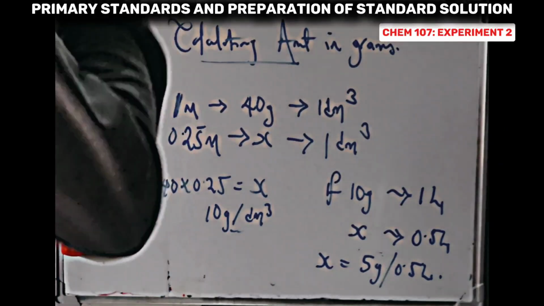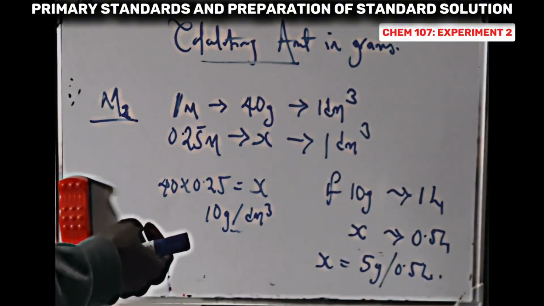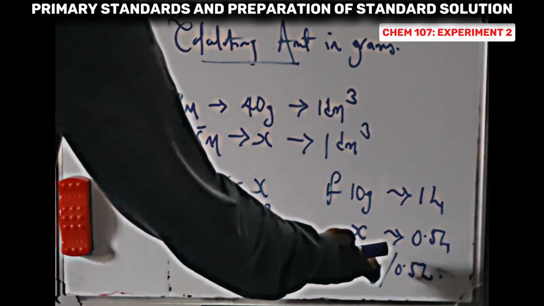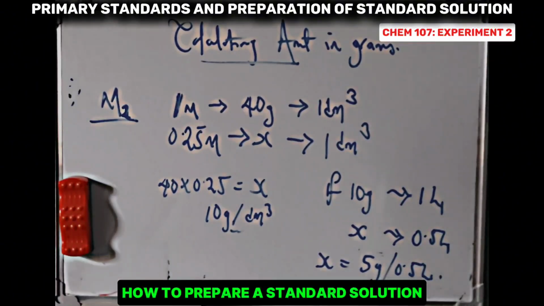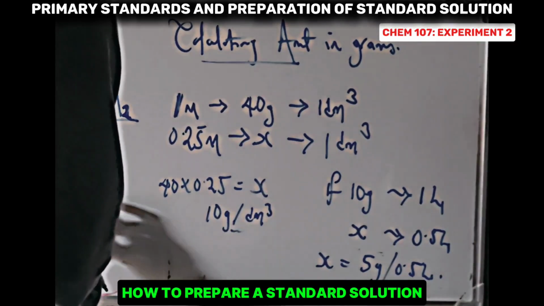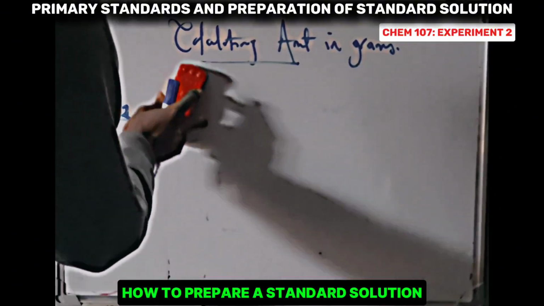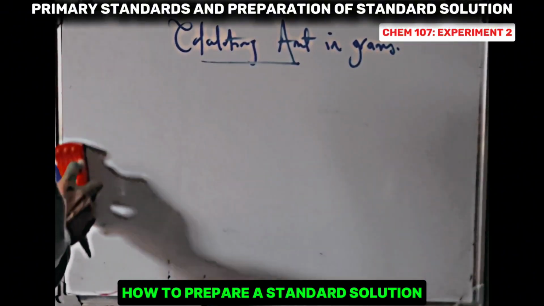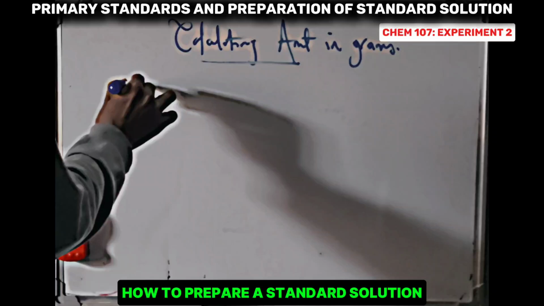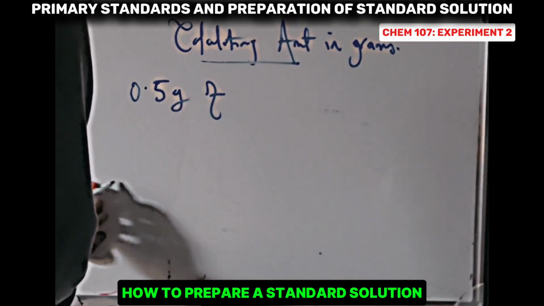So it's quite clear. And then, how would you prepare such a concentration? How would you prepare 5 grams in 0.5 liters of sodium hydroxide? That will take us to preparing a standard solution, because we know the concentration.